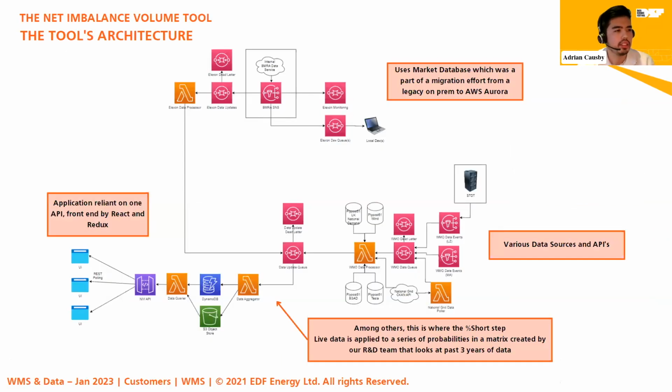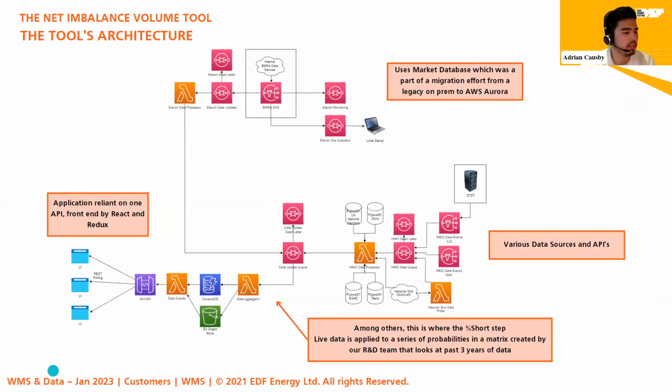So this here is the tool's architecture. For those of you who know AWS, it's really an application that relies on one API, so it's quite simple. It's not got too many functionalities apart from just getting the data onto the screen.